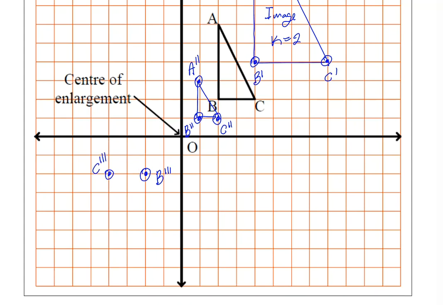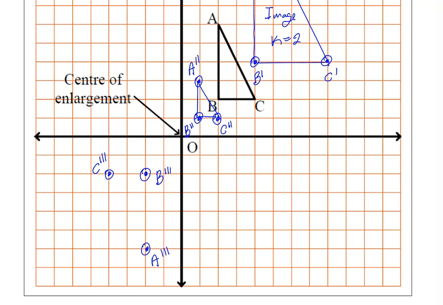Last but not least, from the center to A, it's 2 right, 6 up. Because the scale factor is -1, the distance is going to be the same, but in the opposite direction. 2 left, 6 down. 1, 2, 3, 4, 5, 6. The new position of A will be A triple prime.